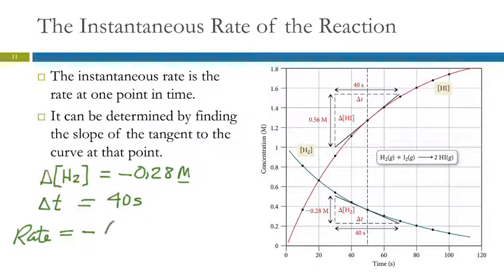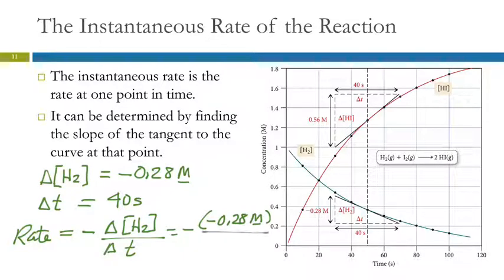It's going to be negative delta H2 over delta T. My calculator's in here somewhere. 0.28 divided by 40, change the sign.